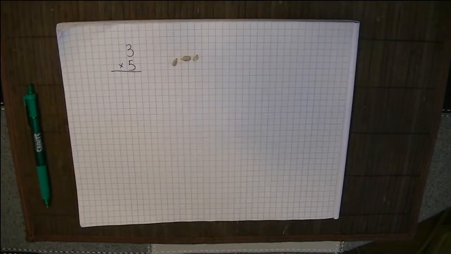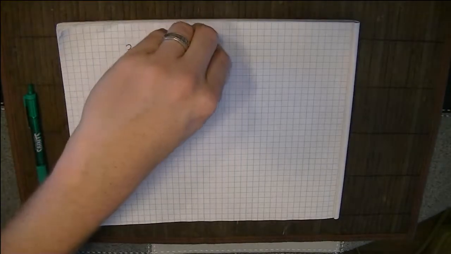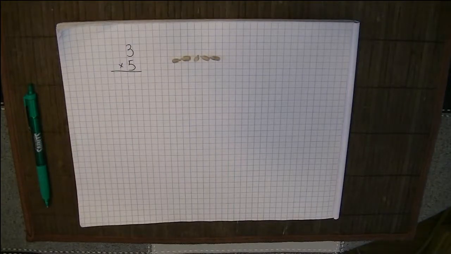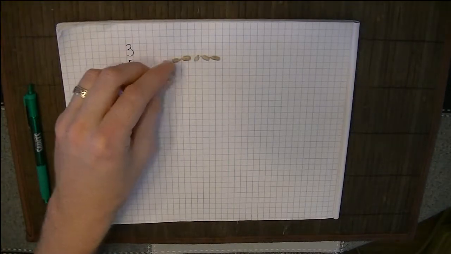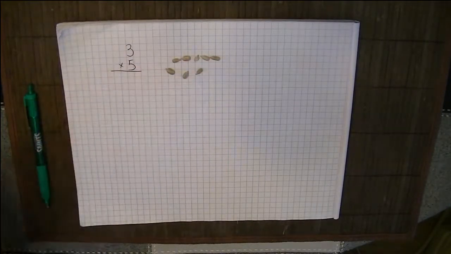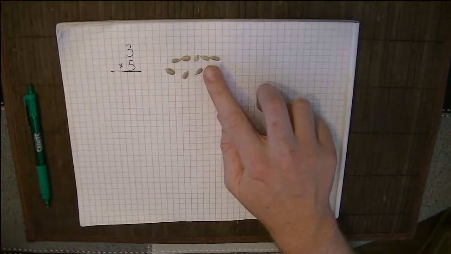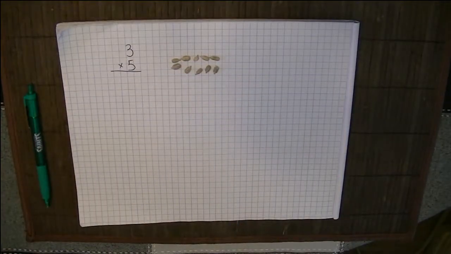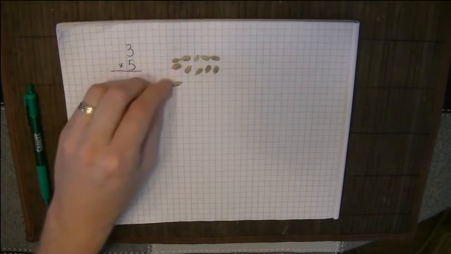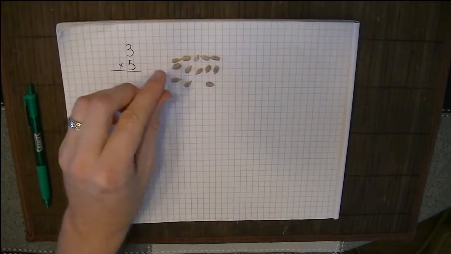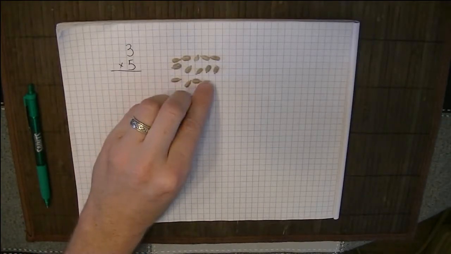So we're going to use the sunflower seeds again. So there's a 5, and I need 3 of them. So let's put another one down. There's 3 and 2 more. So that's another 5. And then, here we go, putting down another 5.